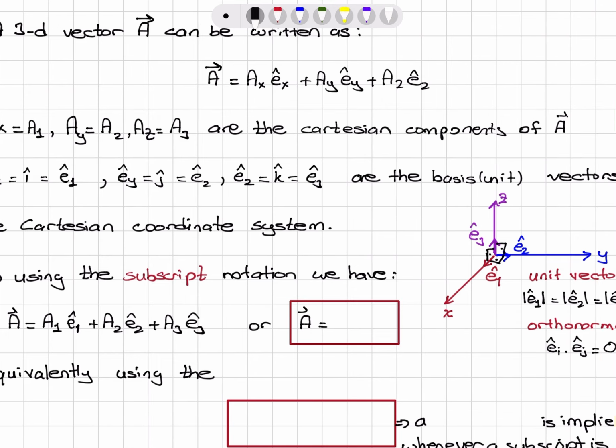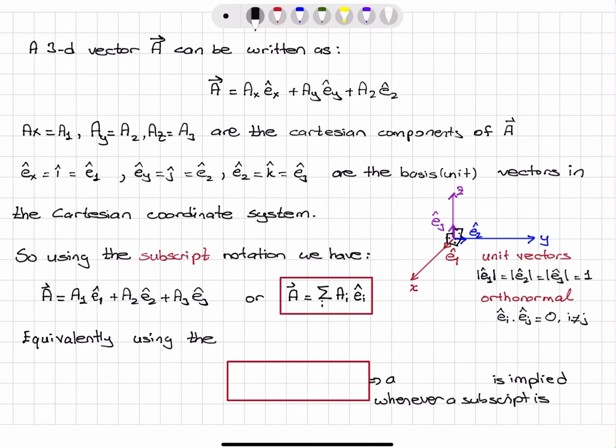Or you can notice here, this vector A can be decomposed into its components: sum over index i, a sub i, e sub i hat. So it can be written in terms of its components as a summation over i of a sub i e sub i hat.